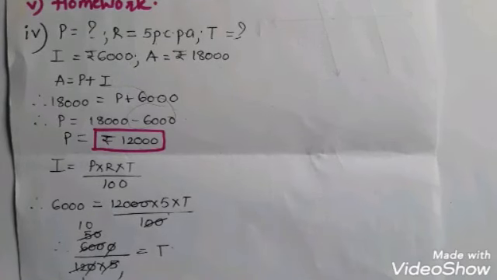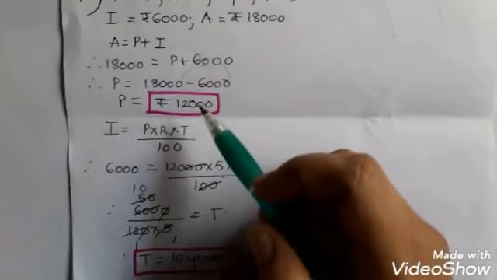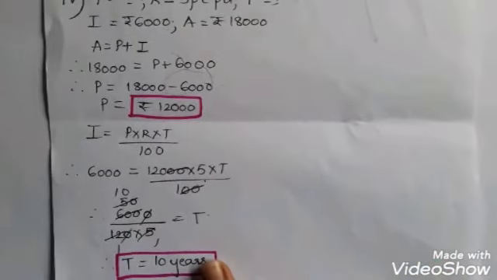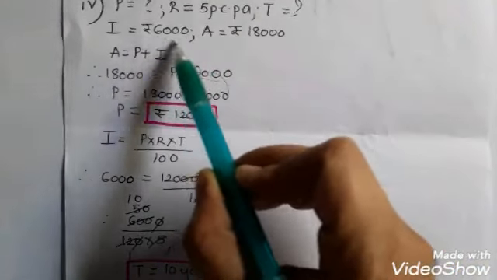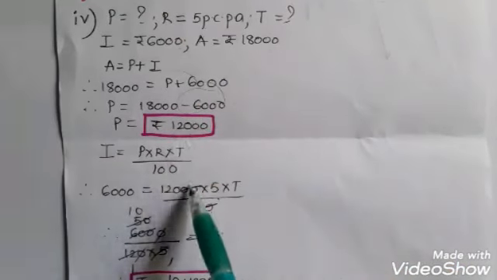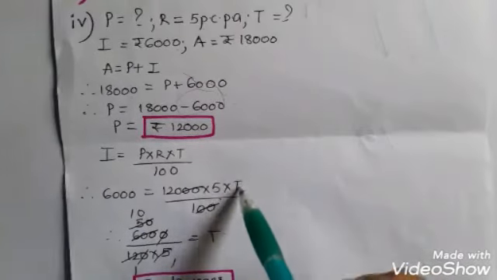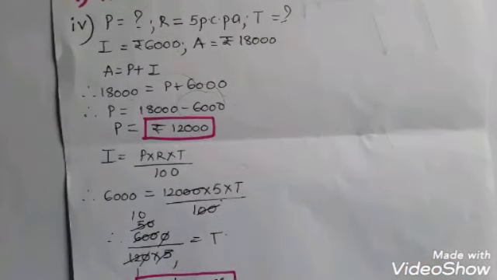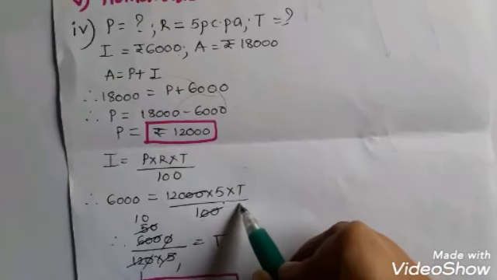Next, we'll find the interest. Interest is P into R into T upon 100, right? So I is how much we got here? Interest is already given to us as 6,000, which is equals to principal is 12,000 multiplied by R is 5 multiplied by T, because we don't know what is T, upon 100. 0, 0 gets cancelled.